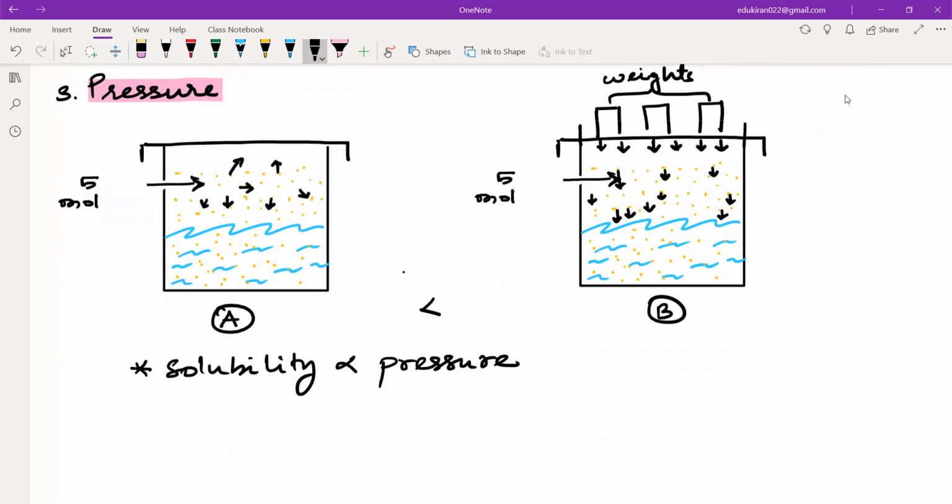And we can also infer that if I am seeing a gas solution which has a high concentration, that means there will be a high pressure also, है ना? If I am seeing a high solubility, that means high concentration, which means a high amount of solute in a given amount of solvent. That means it is concentration only. The concentration is high, that means the pressure will also be high.